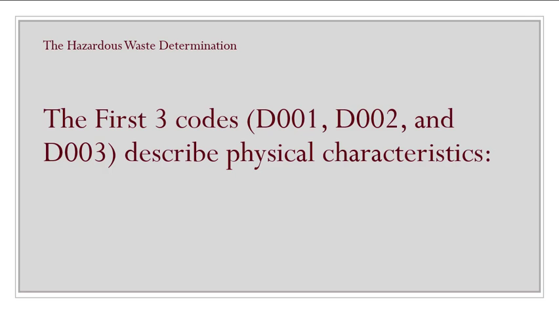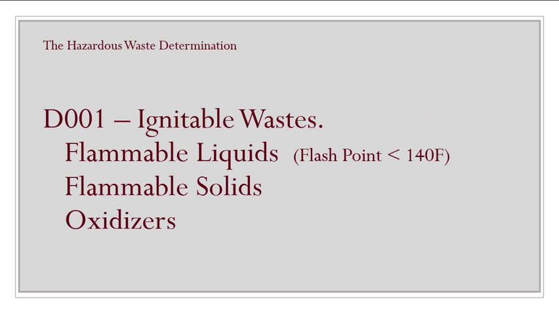Okay, they describe physical characteristics of a particular waste. D001 are for ignitable wastes. So the D001 waste code applies to flammable liquids, which have a flash point of less than 140 degrees Fahrenheit, to flammable solids, and that's a complicated discussion right there, and to oxidizers, which are chemicals that like to make other stuff catch on fire.